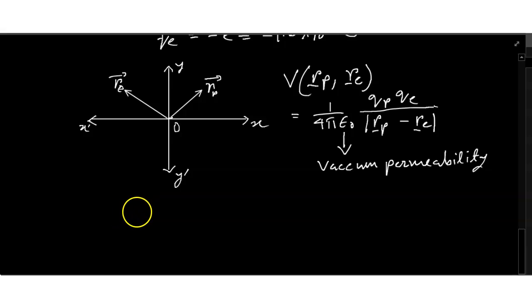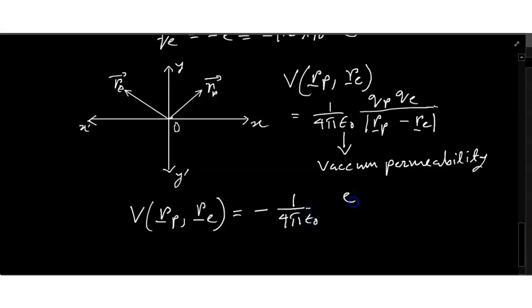So here V(Rp, Re) equals minus 1 by 4 pi epsilon 0 times e squared divided by mod of Rp minus Re.